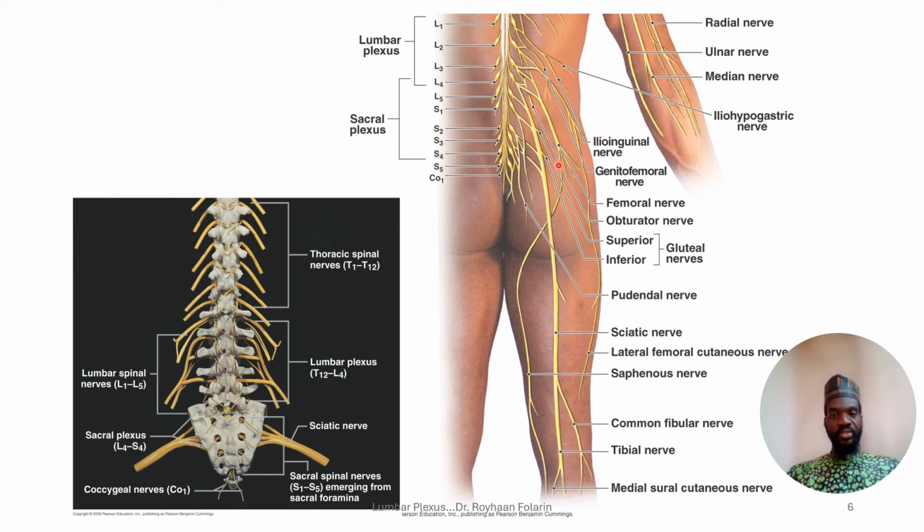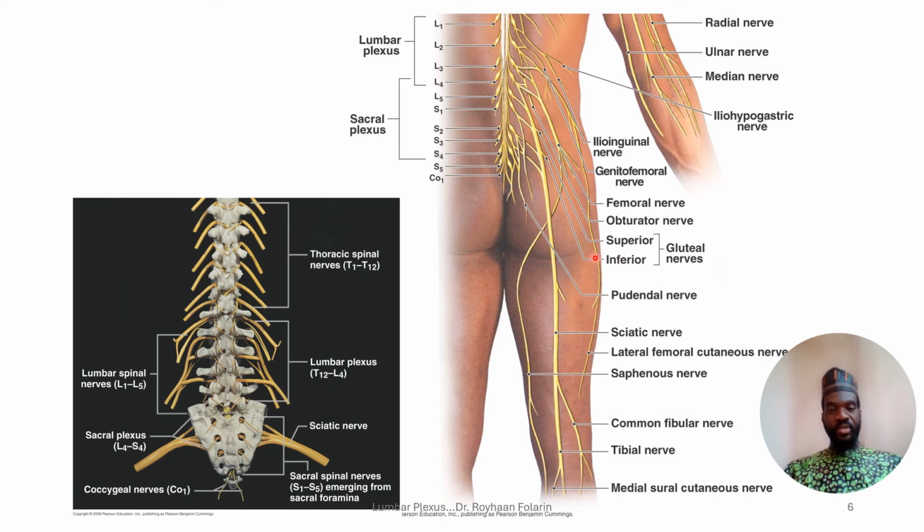You have the femoral nerve itself, different from the genitofemoral nerve, which will end up branching into the genital and the femoral branches. So the femoral nerve proper is right here, and then you have the obturator nerve. There is also an accessory obturator nerve. You have the lateral cutaneous nerve emerging from this end.